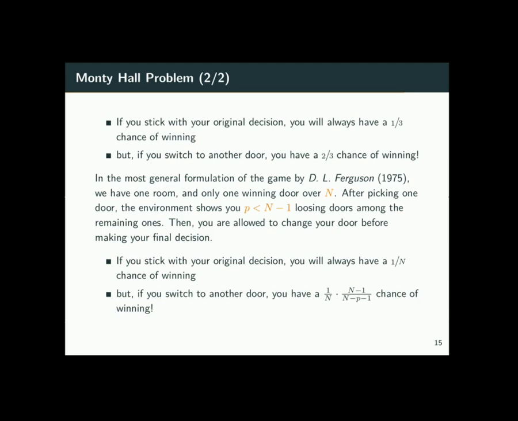So what is actually the intuition? The more doors that I have, and the more doors that I'm going to show to the player, then as a consequence, the greater will be the chance of winning if I'm switching the door.